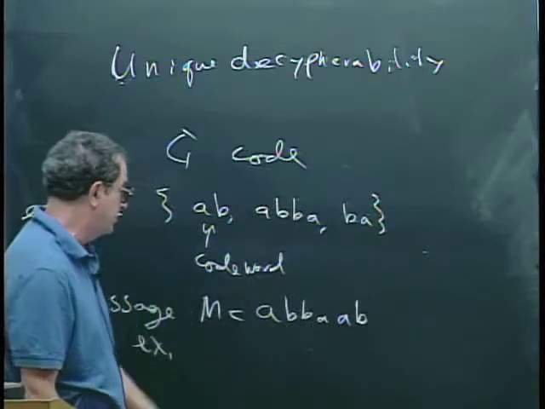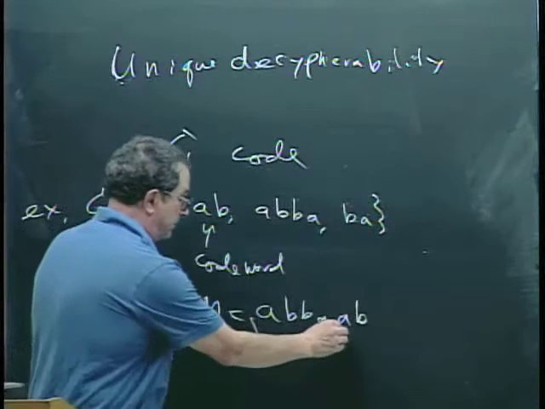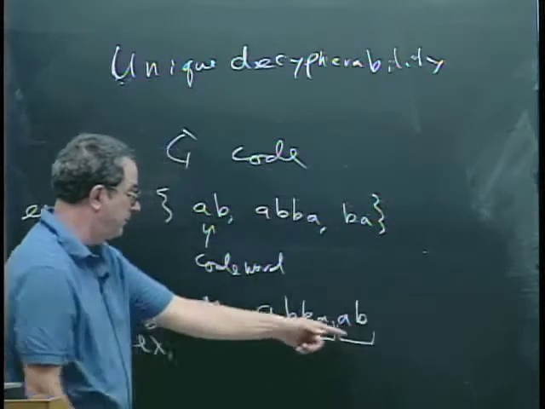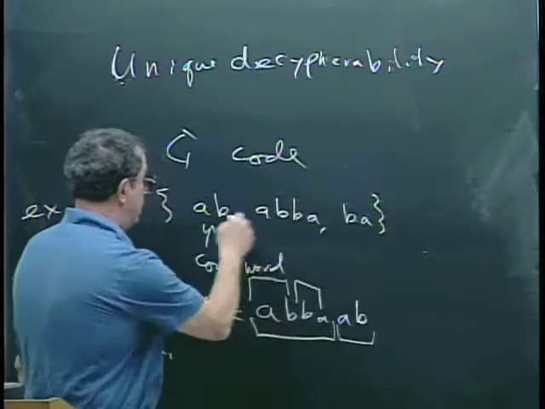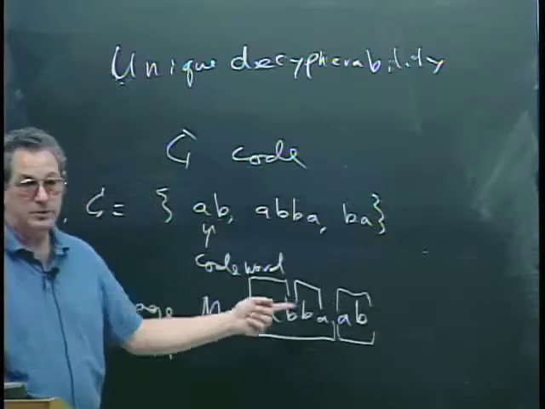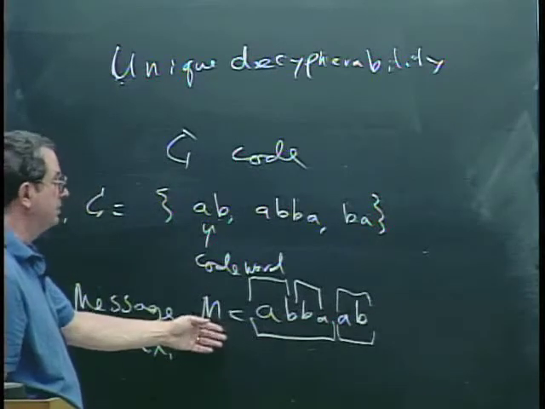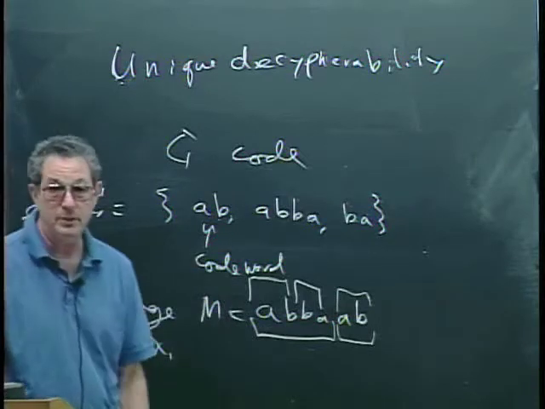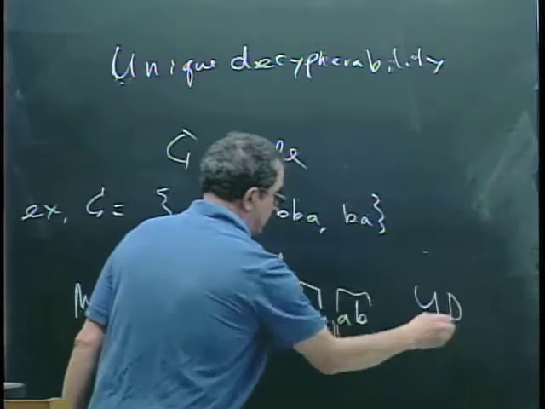Of course, this case is not uniquely decipherable because it could be A, B, A. It could be this code word followed by that code word, or it could be A, B followed by B, A followed by A, B. So this message has two different parses. So this is not uniquely decipherable. A message that only has a single parse is uniquely decipherable, and that's abbreviated UD.